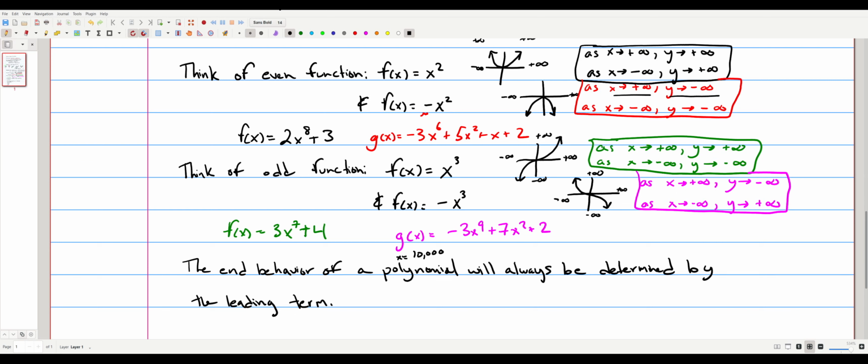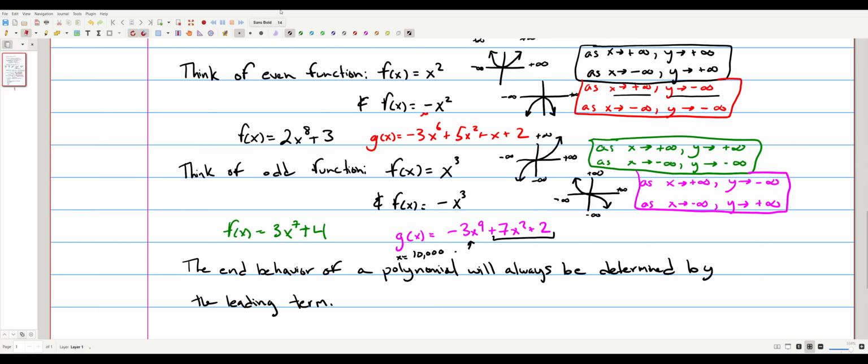And so as the x's get larger and larger, the non-leading terms have less and less of an effect on what the y value is when we plug in these large x's. And so hopefully you can see that when we plug in x equals 10,000, this number is going to be so big negative that adding 2 to it is really not going to affect the value of y all that much.